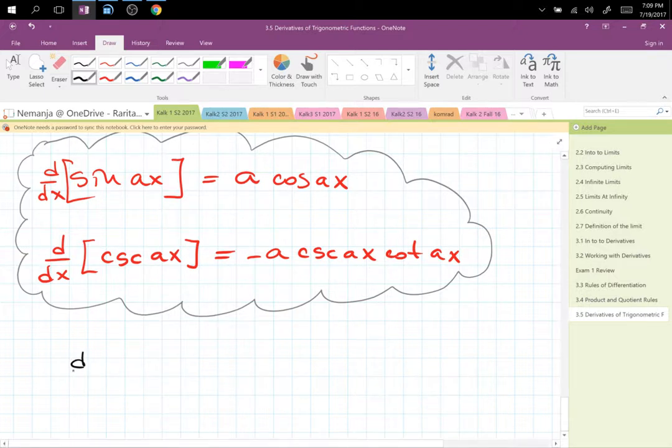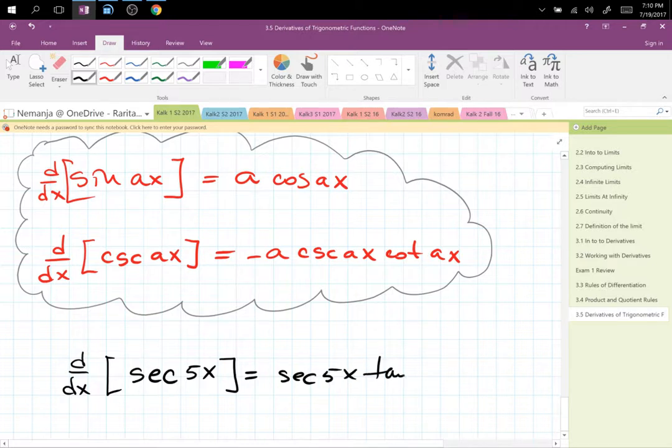Let's say you are taking the derivative of secant 5x. You know the derivative of secant is secant tangent, so this is secant 5x tangent 5x, and you put the 5 in front, the a that floats in front. That 5 is actually something we call the chain rule, which will be studied, I believe, in 3.7.